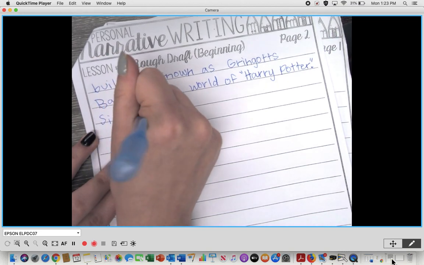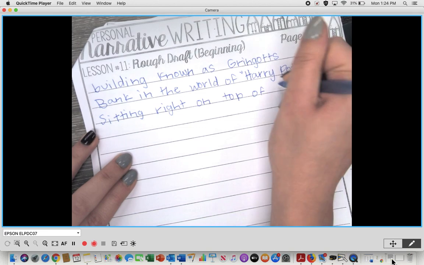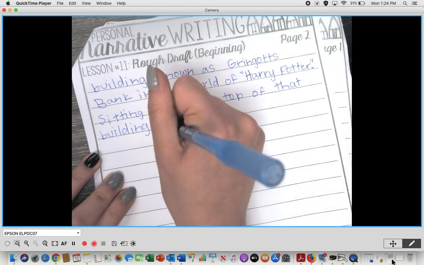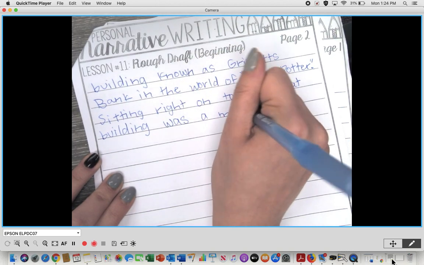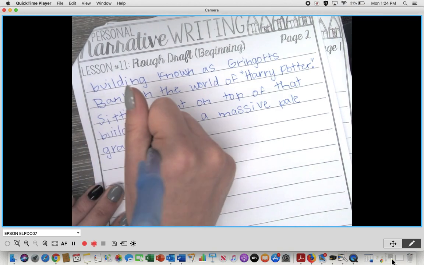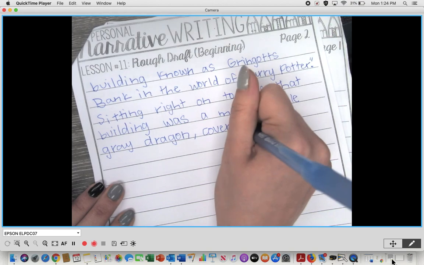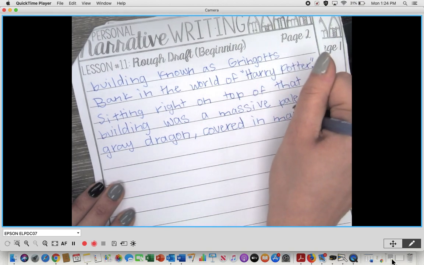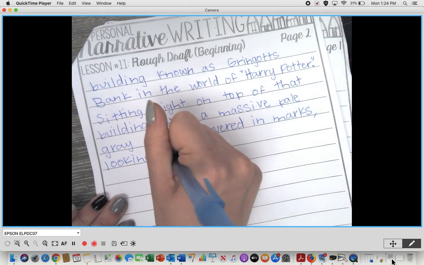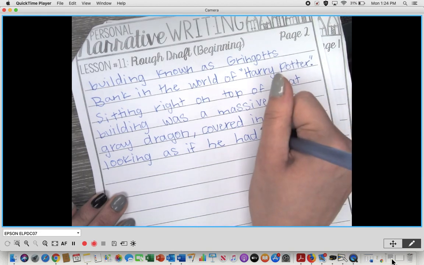Sitting right on top of that building was a massive pale gray dragon covered in marks, looking as if he had just escaped the bank.